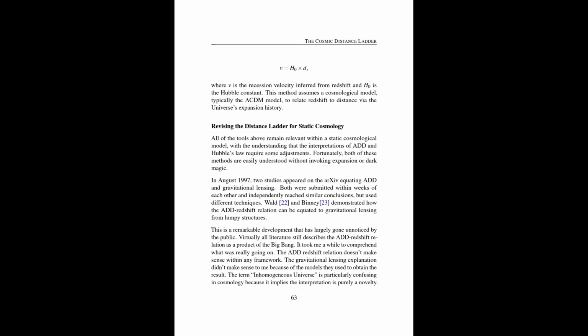It took me a while to comprehend what was really going on. The ADD redshift relation doesn't make sense with any framework. The gravitational lensing explanation didn't make sense to me because of the models they used to obtain the result. The term inhomogeneous universe is particularly confusing in cosmology because it implies the interpretation is purely a novelty.